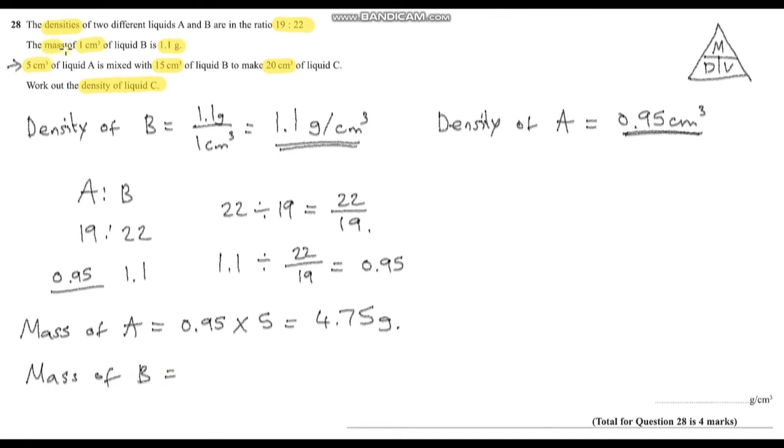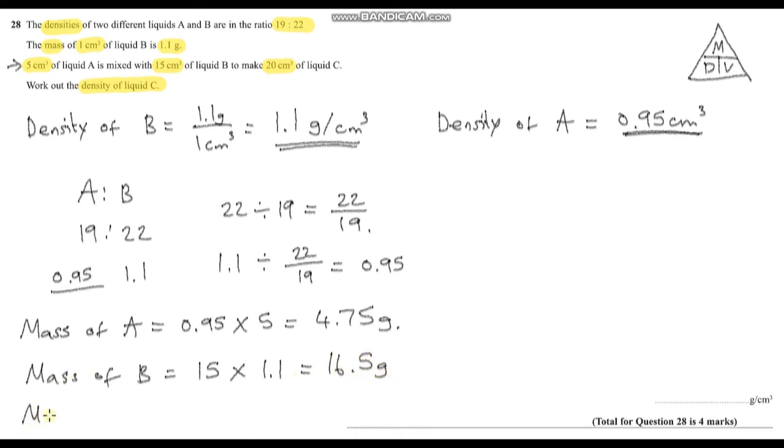So it says the mass of 1 centimetre cubed of liquid B is 1.1 grams, but that's only 1 centimetre cubed of liquid B. If we look in the next line, it says that our mixture contains 15 centimetres cubed of liquid B. So if 1 centimetre cubed is 1.1 grams, for 15 centimetres cubed we're just going to multiply 15 times 1.1, and that is 16.5 grams.